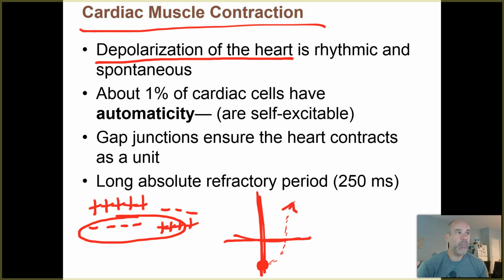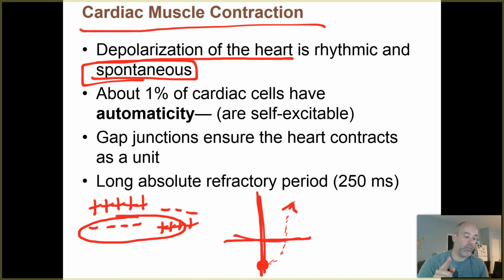All right, so this happens in the heart in a rhythmic manner, which means it happens over and over and over and over again, following a certain rhythm. And it's also spontaneous. So that means it automatically happens. When you learned about skeletal muscle fibers depolarizing and having this electrical activity that leads to skeletal muscle fiber contraction, that was not spontaneous.